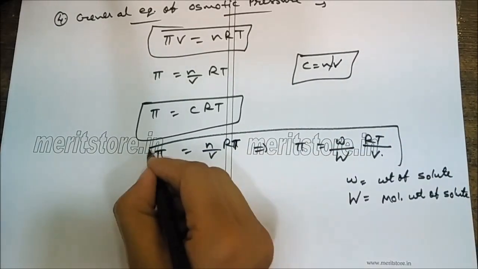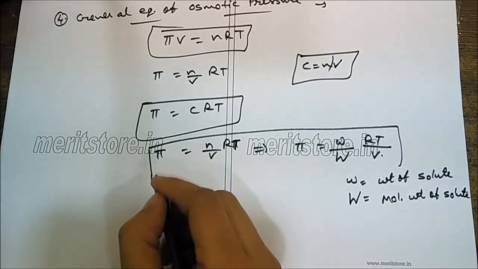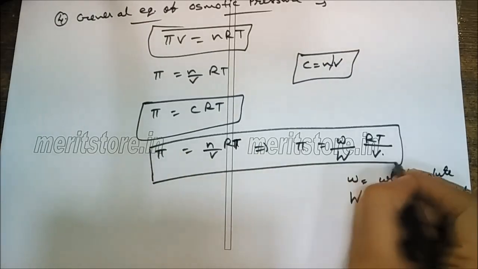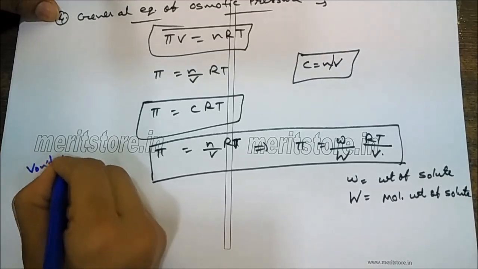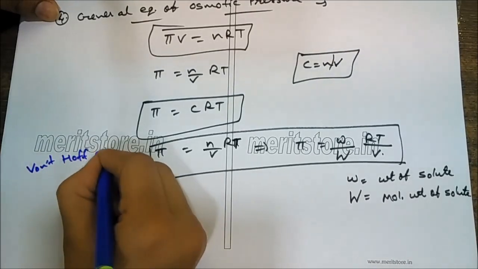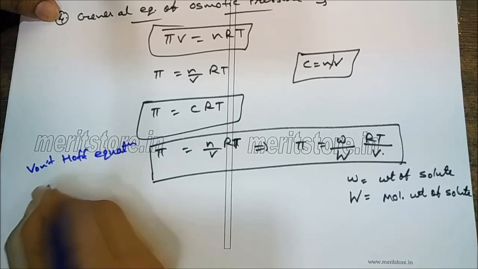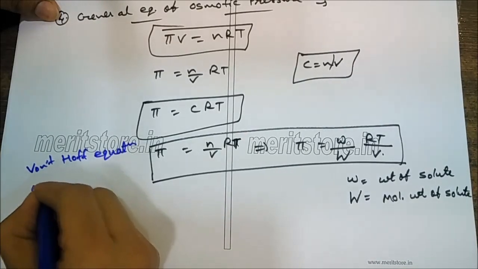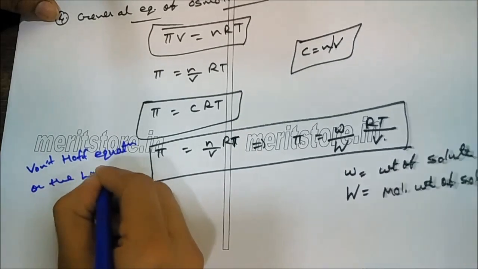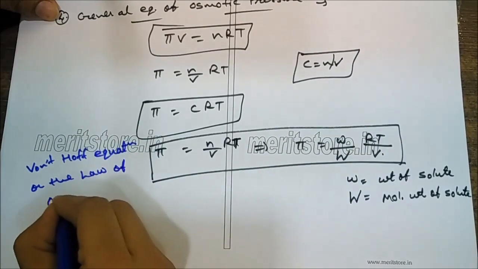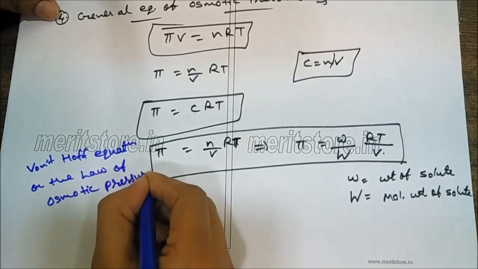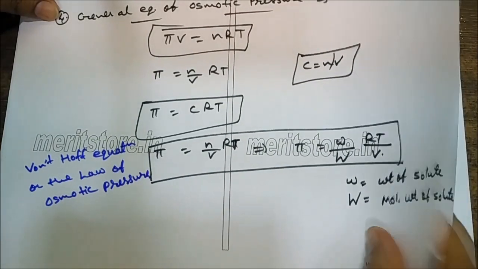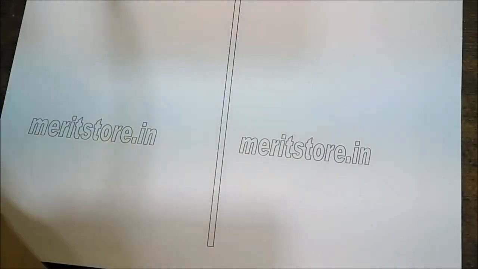So this is the Van't Hoff equation or the law of osmotic pressure. Now the next law is Van't Hoff-Avogadro's law.